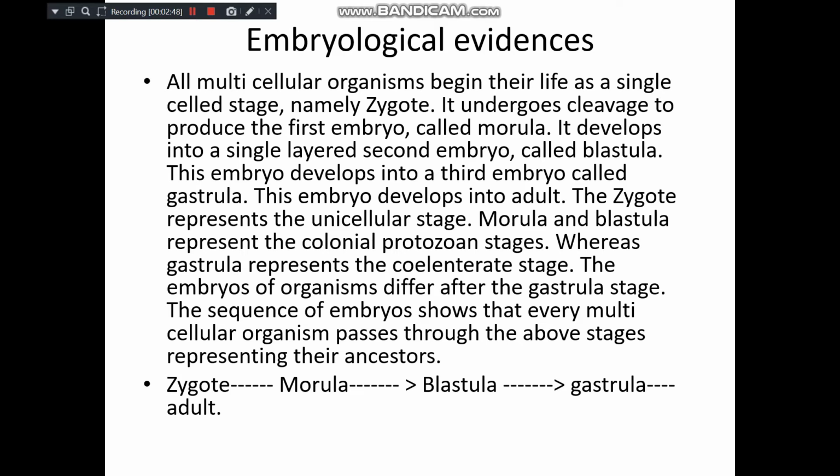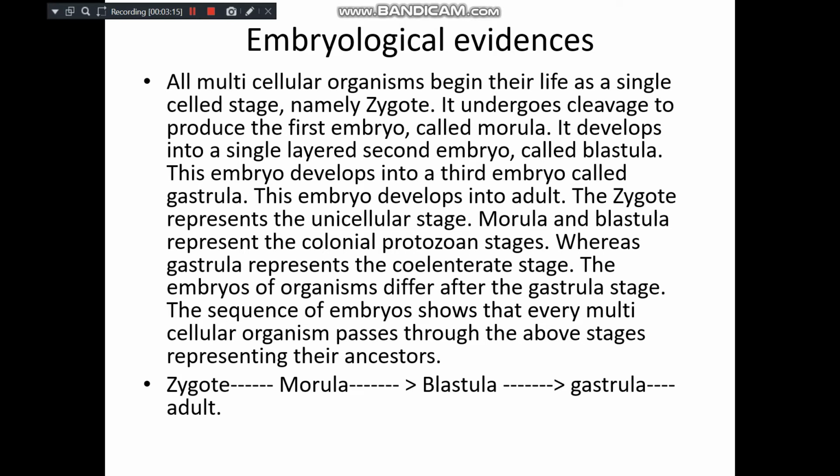animal, number of cells, or in other words, all our multicellular organisms, irrespective of their size, their life starts from a single cell, the zygote. Even the life of an elephant or a blue whale starts with a single cell, what is known as zygote.